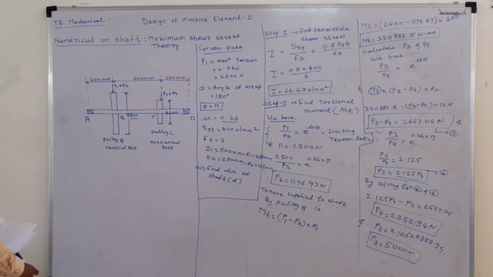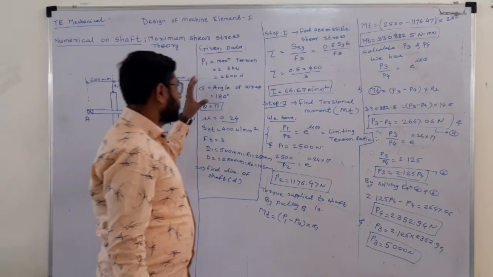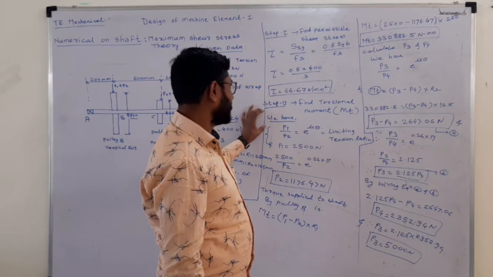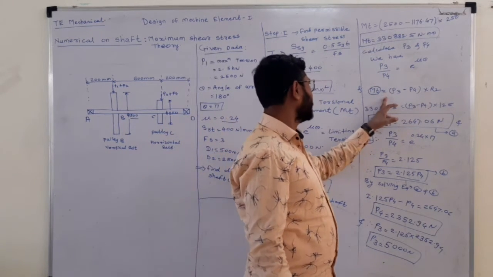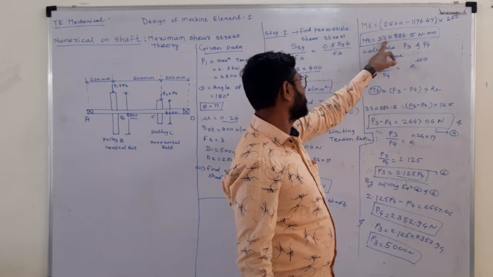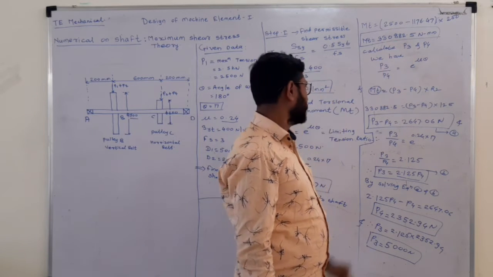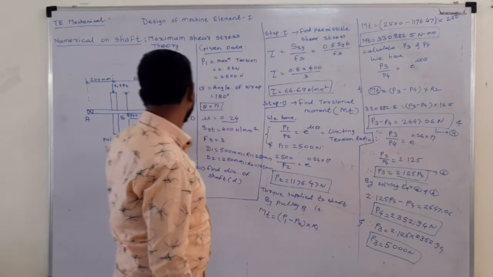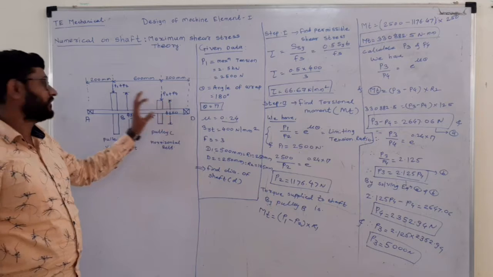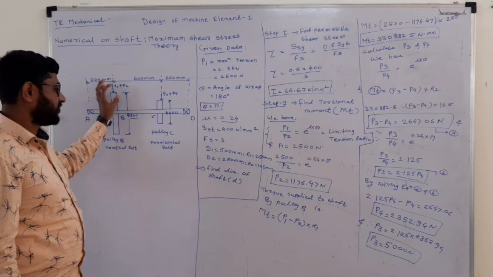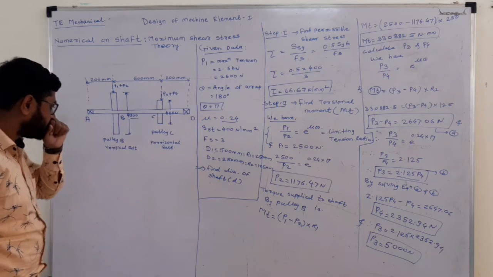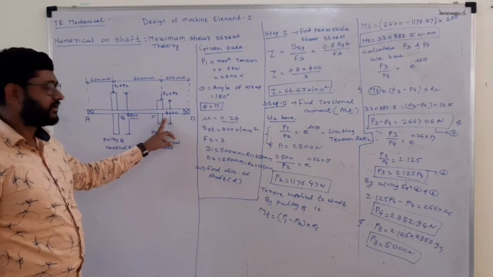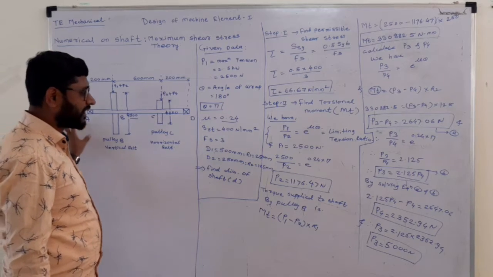So up till now, we found how to find out the permissible shear stress, then torsional moment Mt, that is 330 into 2.5 Newton meter, and the forces acting on pulley B and on pulley C. Here two forces, tension in the tight side and tension in the slack side of the belt, are acting.